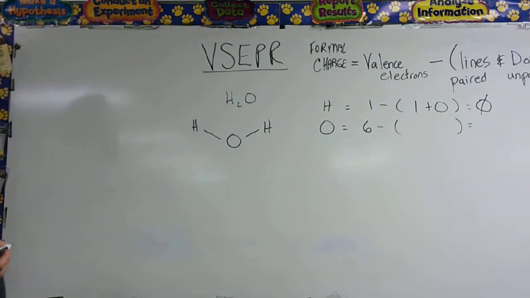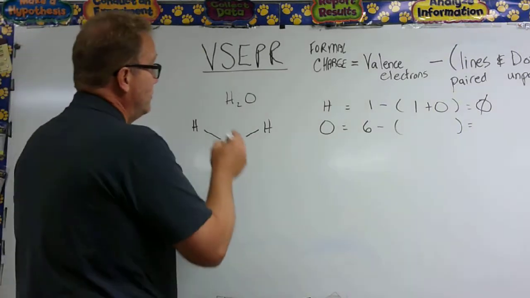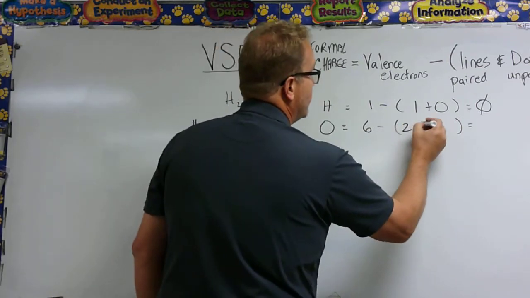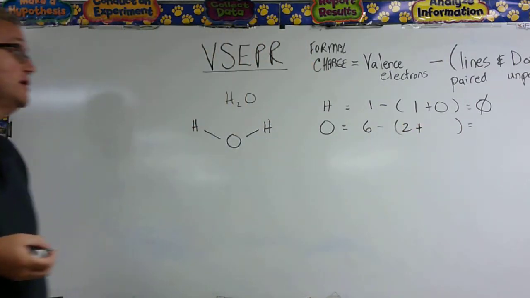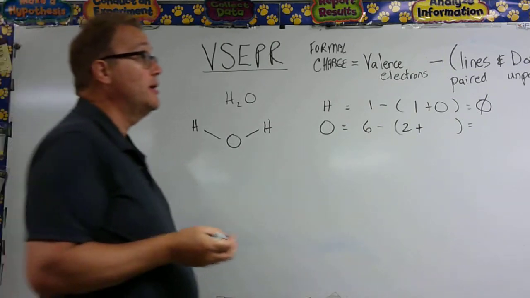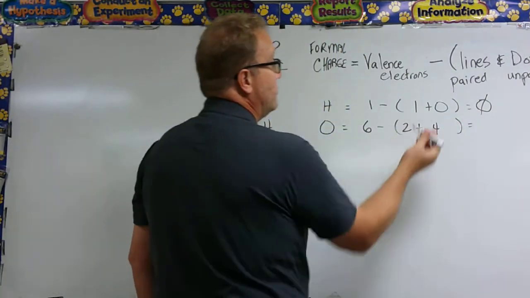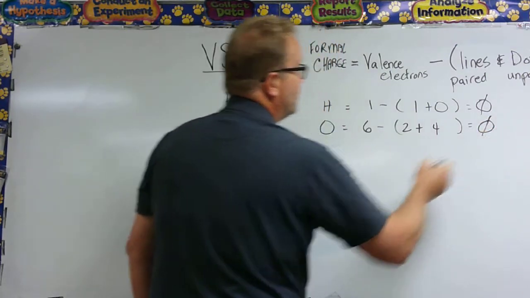That is my objective. Now, how do I make oxygen equal to 0? Well, first of all, now I have 2 lines going to it. And how am I going to make that equal to 0? Well, I'm going to have to add 4. So I'm going to have to add 4 dots to make this equal to 0.